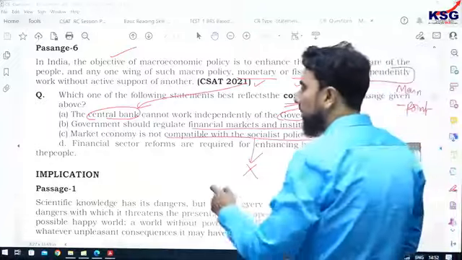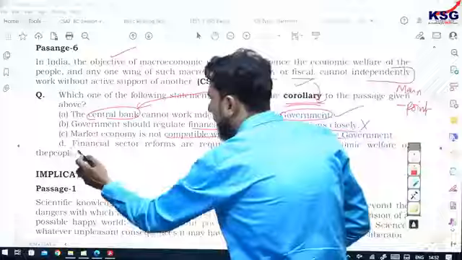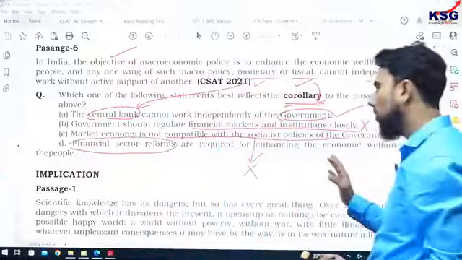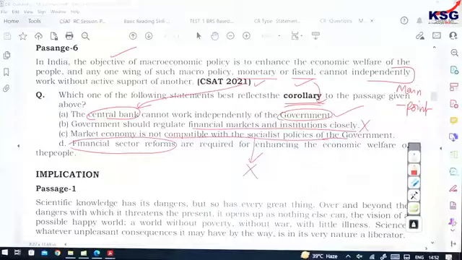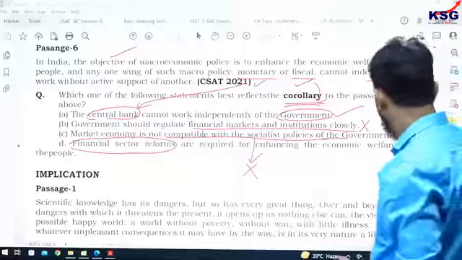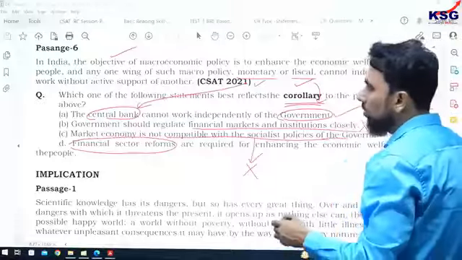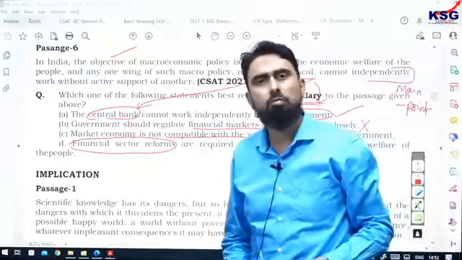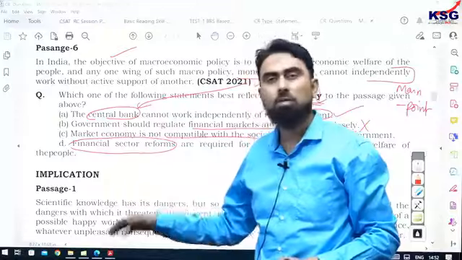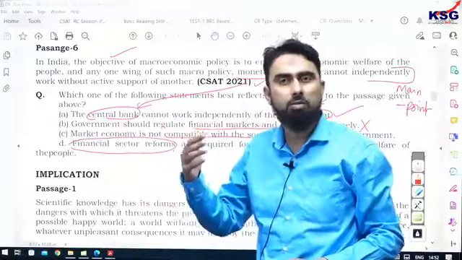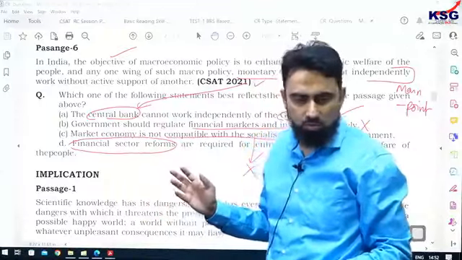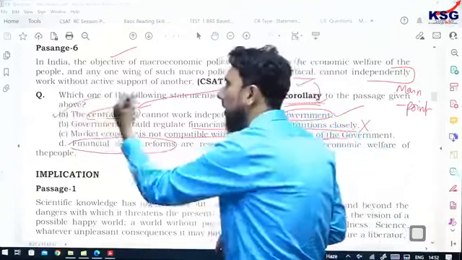Option D, financial sector reforms are required for enhancing the economic welfare of the people. The paragraph does not talk about reforms at all. Hence, D is based on something not given in the passage at all. Both students have chosen the correct answer. It should be option A.